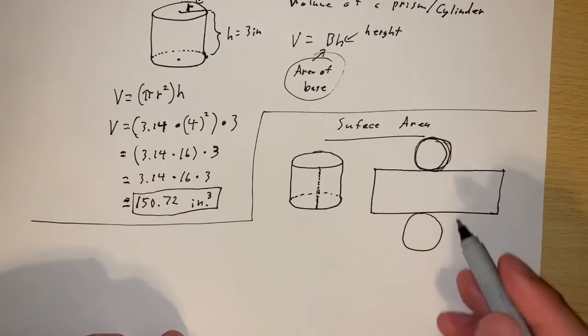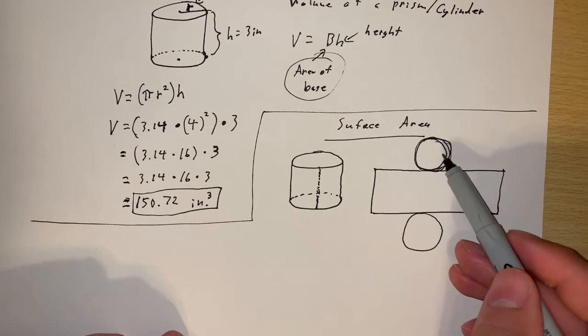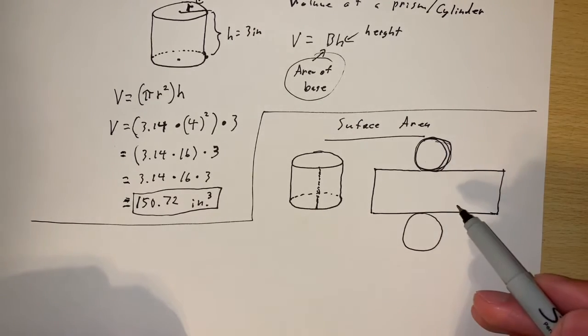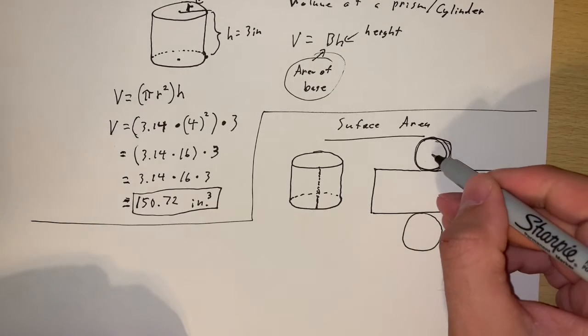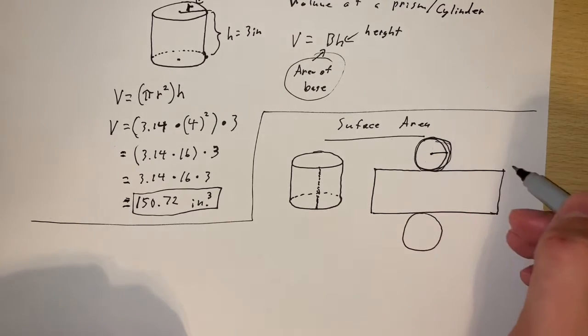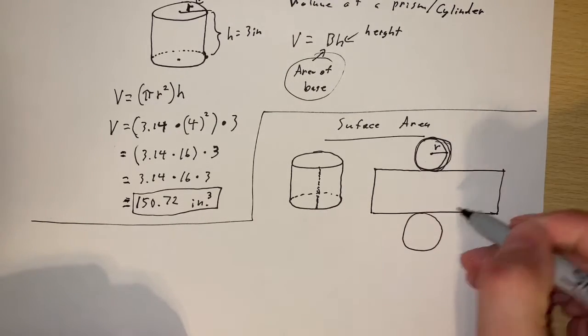Now this is very easy. We just need to find the area of the top and the bottom, plus the area of this rectangle. The circles are easy. For the area of a circle, we just need to know what R is.